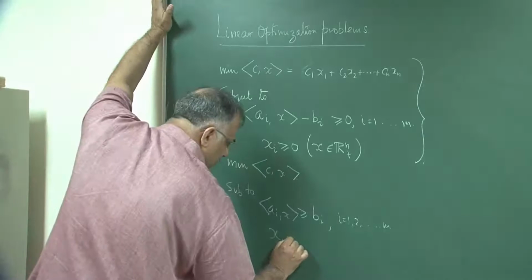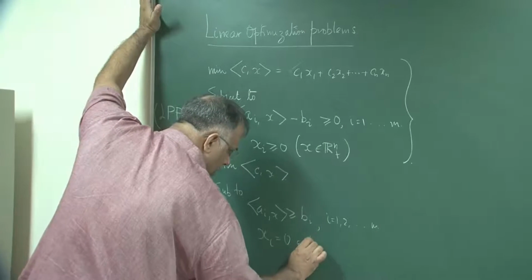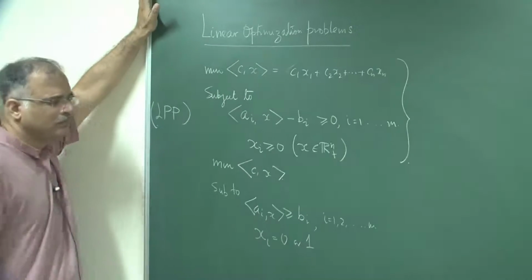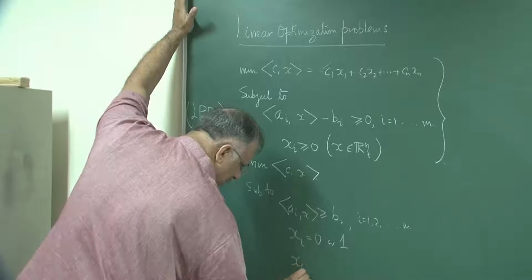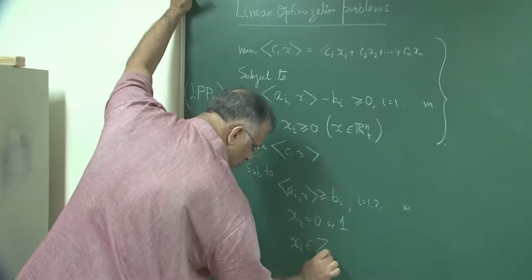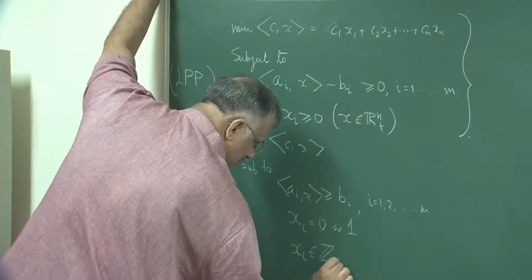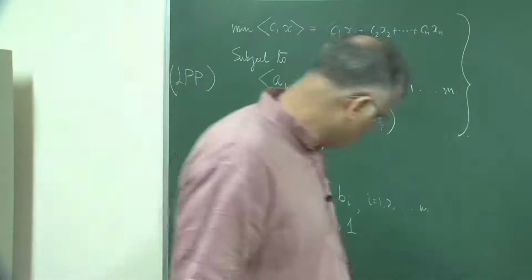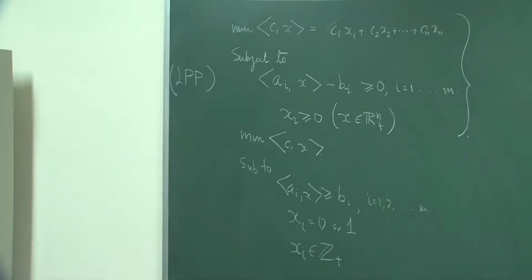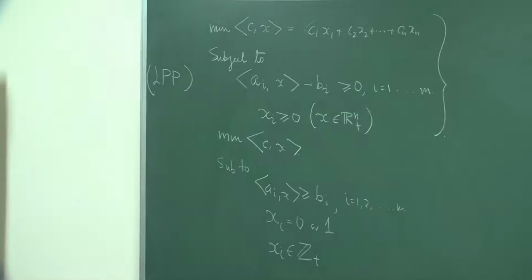It could be just the integers 0 or 1, or it could be that xi belongs to Z plus, that is, only positive integers or non-negative integers.